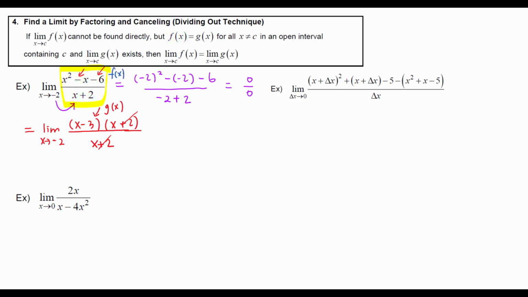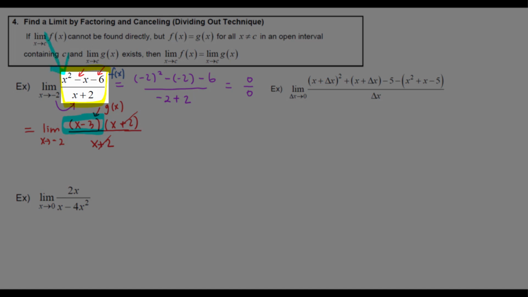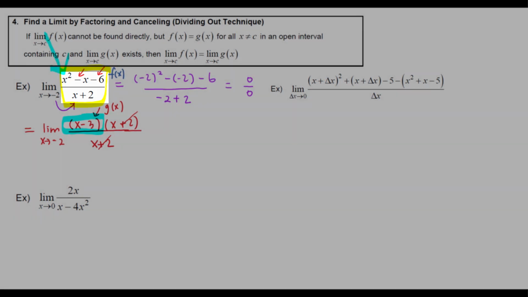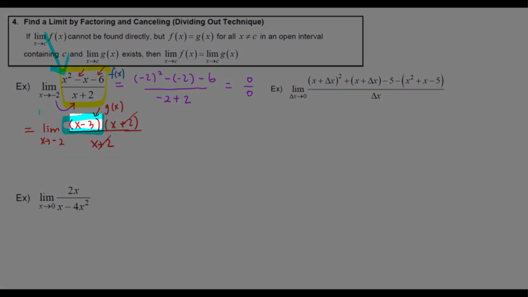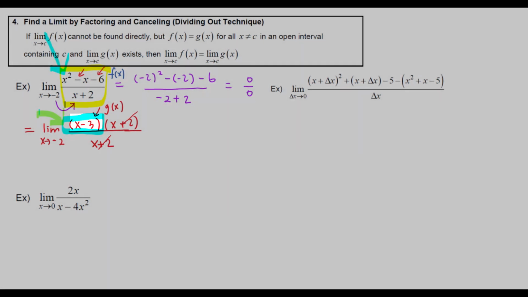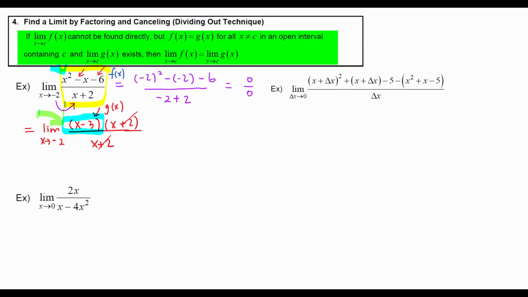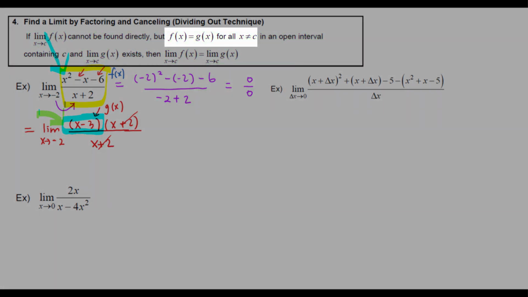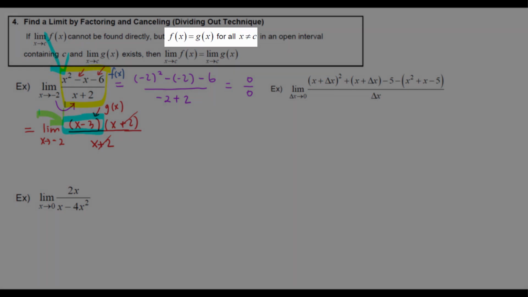So this function, x squared minus x minus 6 over x plus 2, and this new g of x function, which is just the line x minus 3, are exactly the same everywhere except at x equals negative 2. Because f is a line with a hole at x equals negative 2, and g is just a line without a hole. So according to the text above, these two functions are the same everywhere except at one point.